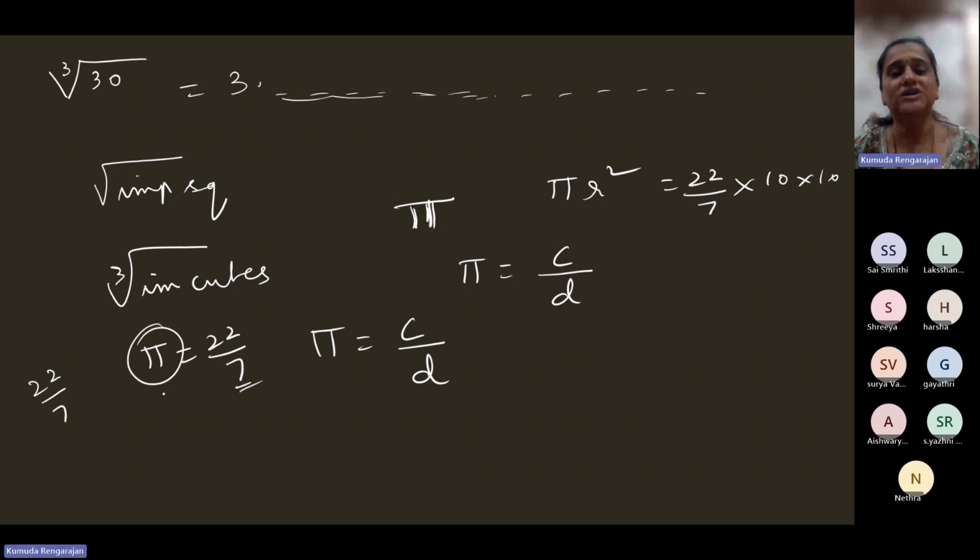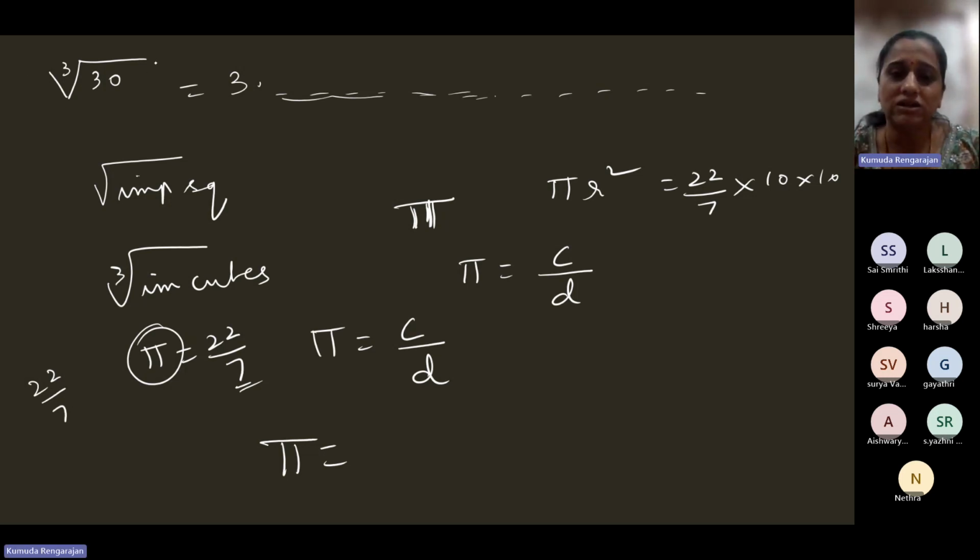But pi is not a rational number. The value of pi, the actual value of pi, is a non-terminating, non-repeating decimal, which makes pi an irrational number.